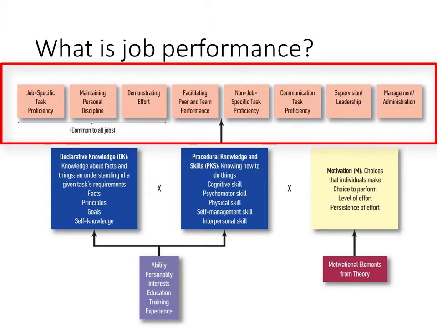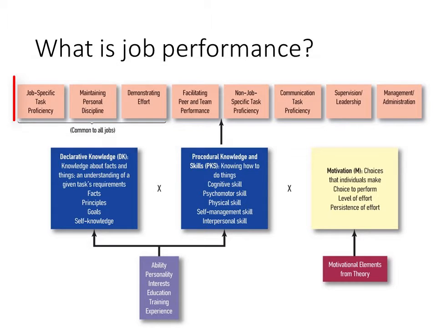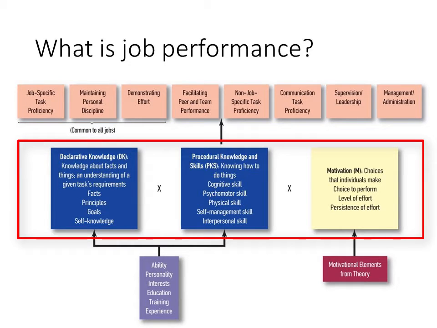At the top of this model, we have 8 different types of job performance. 3 of those types are common to all jobs: job-specific task proficiency, personal discipline, and effort. In the middle row, we have 3 building blocks of job performance. In order to do our jobs, we need declarative knowledge, procedural knowledge, and motivation.